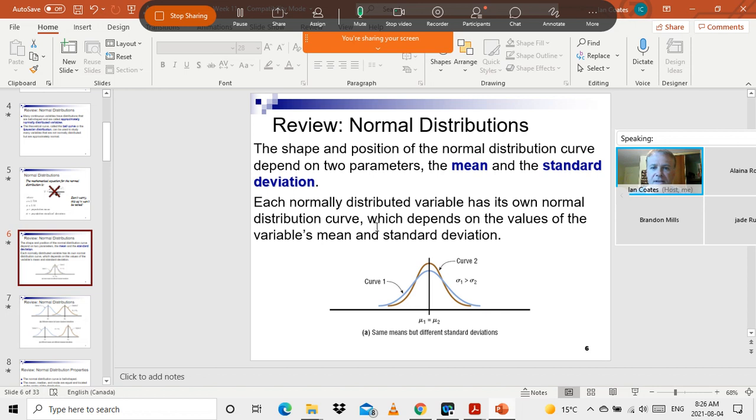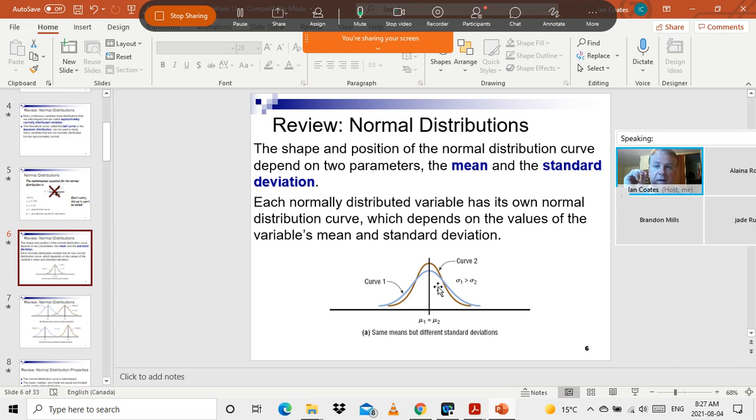Each normally distributed variable has its own normal distribution curve, which depends on the values of the mean and the standard deviation. So when you're comparing apples and oranges, what are you comparing? There are two parameters we will deal with: the mean and the standard deviation.